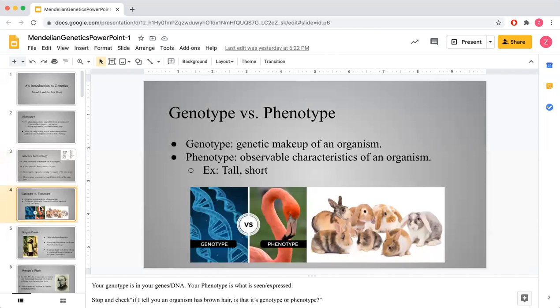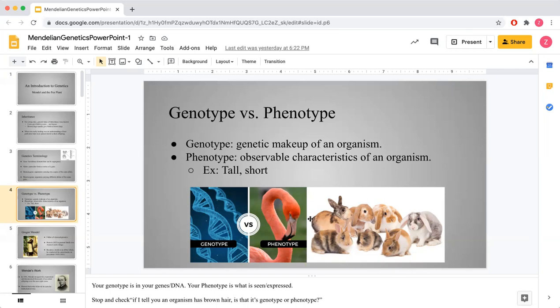Let's examine genotype versus phenotype. Genotype, we know, is the genetic makeup of an organism. It's the DNA, chromosomes, what you don't see. But the phenotype is what you do see, the observable characteristics of an organism. An example could be tall or short, or even hair color, anything you observe in an organism.